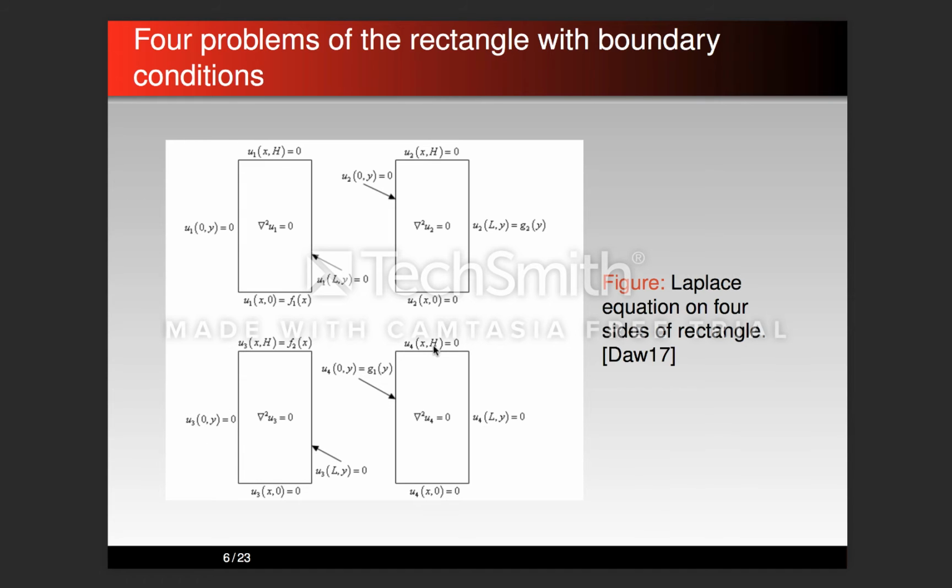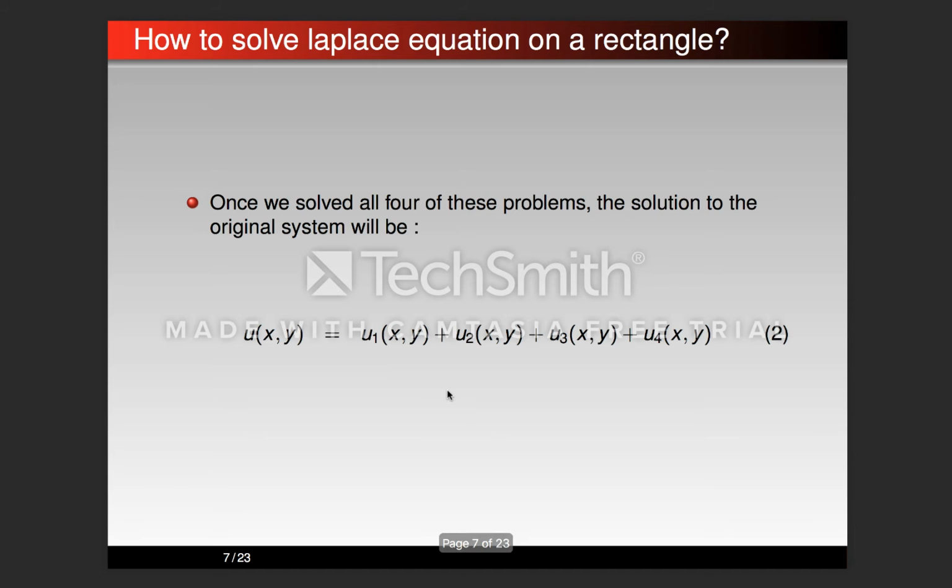And last, we're trying to solve on the left side of the rectangle by considering homogeneous boundary conditions on the rest of the sides. So once we solve all 4 sides of the rectangle, the solution to the original system for the whole rectangle is obtained by adding the solutions obtained on each side of the rectangle.